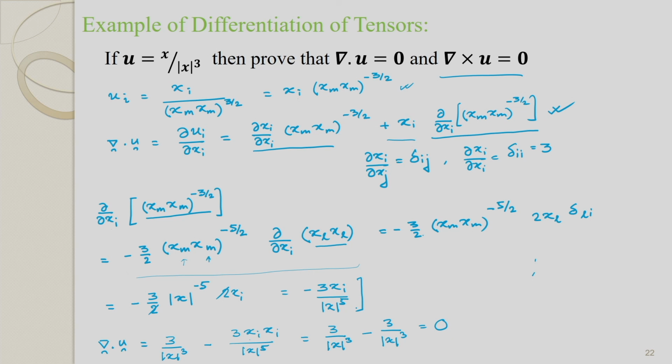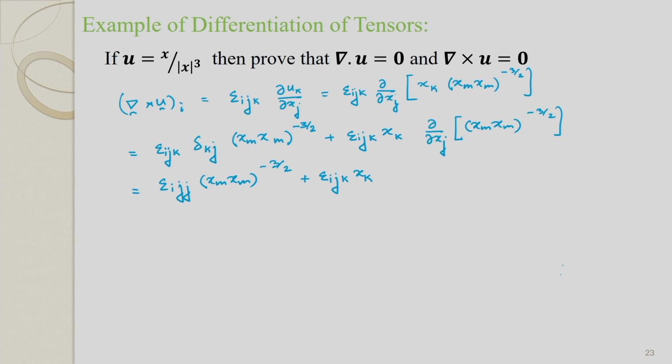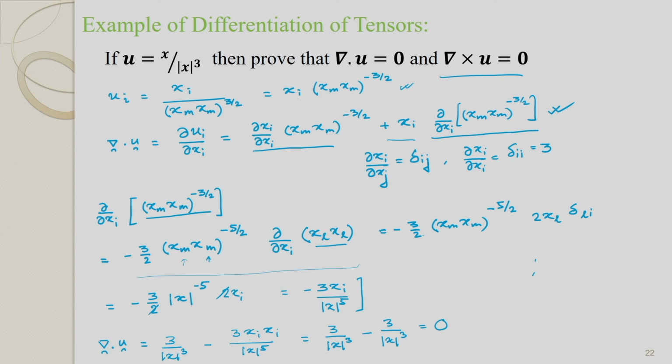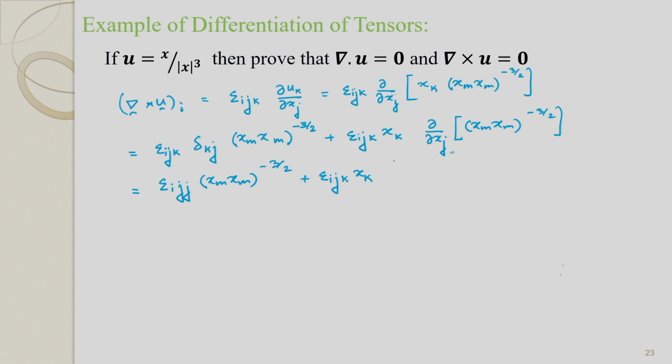So when I am doing differentiation with respect to xi, we are getting this. So in this case, just here i is replaced by j. So we will get minus 3 xj by mod x to the power 5.